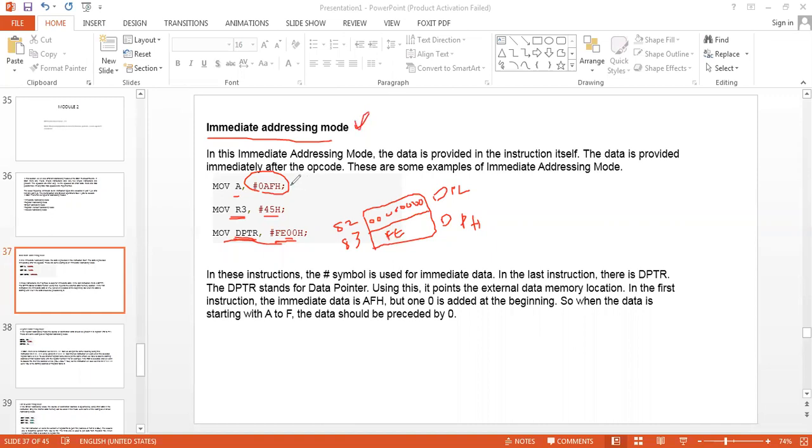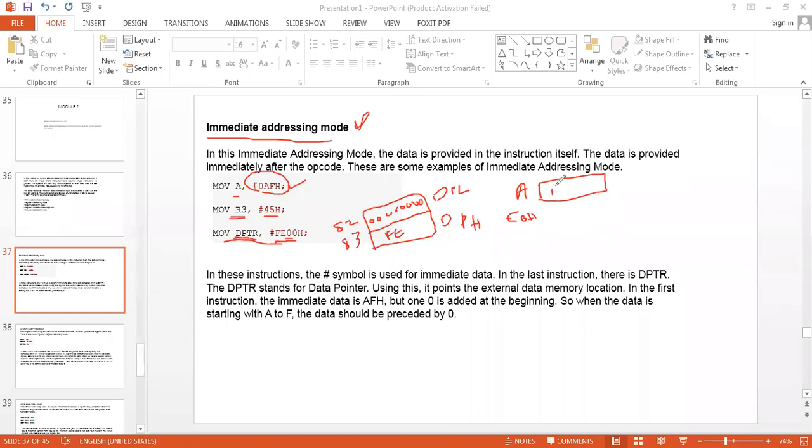What is happening? 0AFH, it means A is one register. A has some memory location. What is the memory location of A? It is E0H. A is the name, but the memory location is E0H. So what is going to be copied into that?